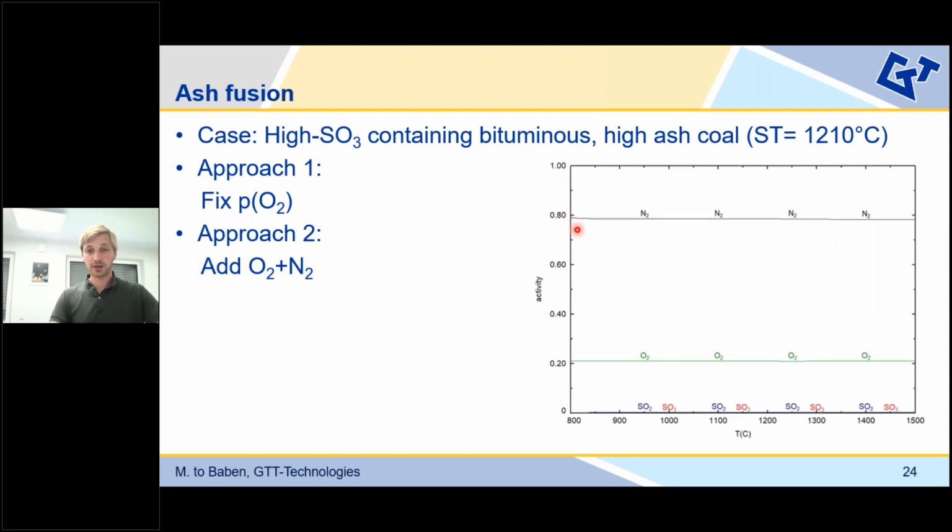But if we look into the partial pressures in the gas phase, we have the nitrogen partial pressure, which is basically constant around 0.8 atmospheres. The oxygen partial pressure is constant at 0.21 atmospheres. And we have rather small SO3 and SO2 partial pressures, which are not really visible on this scale. And this is exactly the right condition that you will have in an ash fusion experiment.